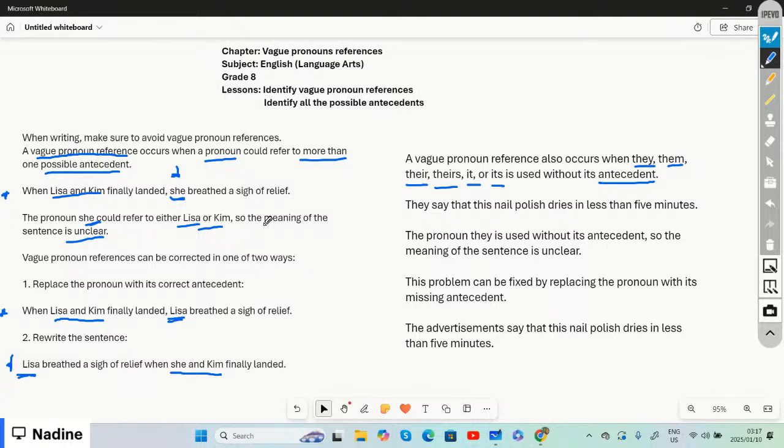If you look at an example, it says, "They say that this nail polish dries in less than 5 minutes." They say. So now the question is, who is they?